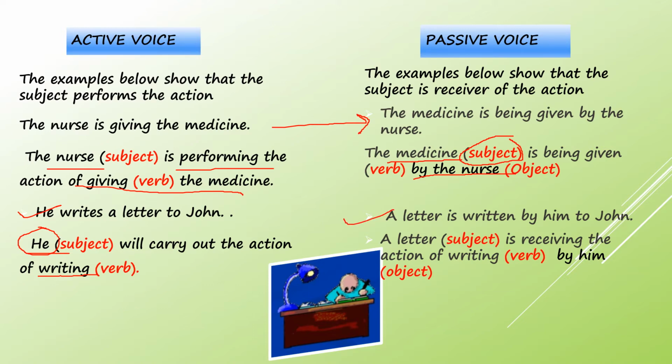So here a letter, which is the subject, is receiving which action? The action of writing. And who is writing? It is him who is writing. So here in passive voice, a letter, which is the subject, is not performing any action. On the contrary, the object is performing the action. So this kind of sentence is said to be in passive voice.